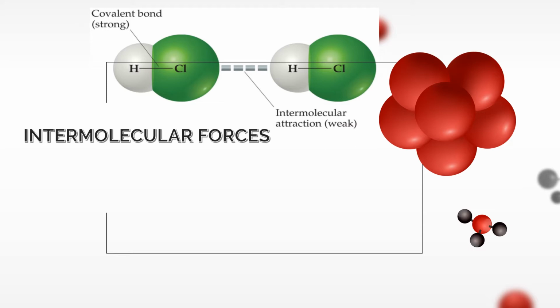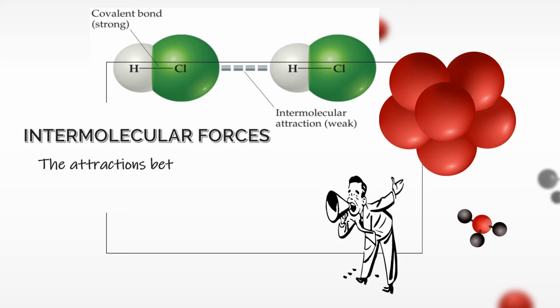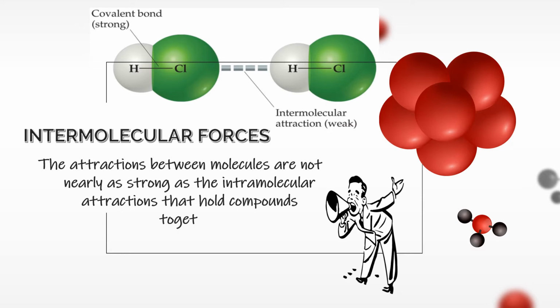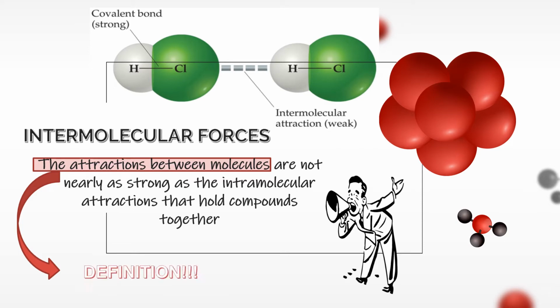And the interaction between an HCl molecule and another HCl molecule is called the intermolecular attraction, which is weaker compared to the covalent bond in the HCl molecule itself. So intermolecular forces are the attraction between molecules, and are not nearly as strong as the intramolecular attraction that holds compounds together. So the definition can be simplified as the attraction between molecules.